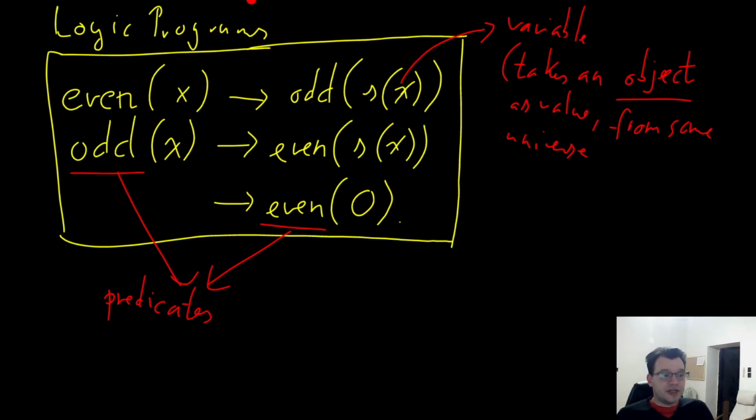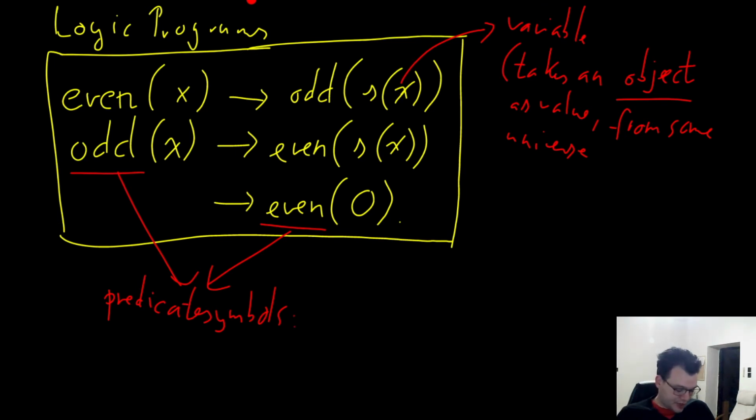And such predicate symbols, at this point, are only names. They will denote something which takes an object and outputs a truth value, either true or false.